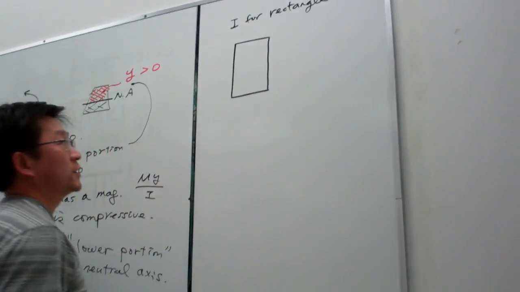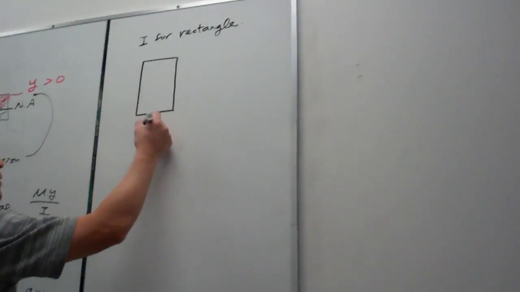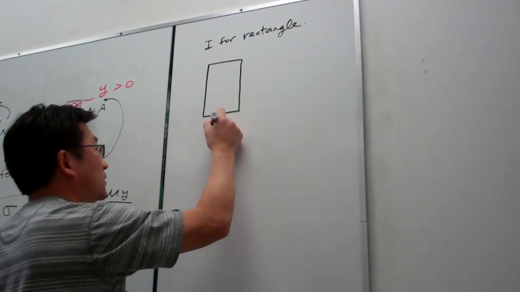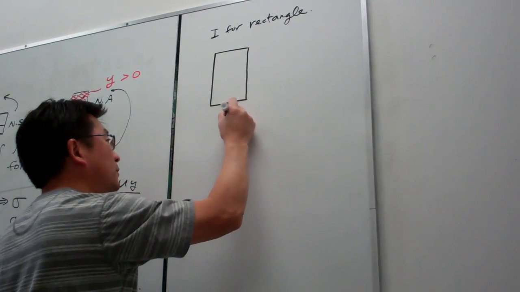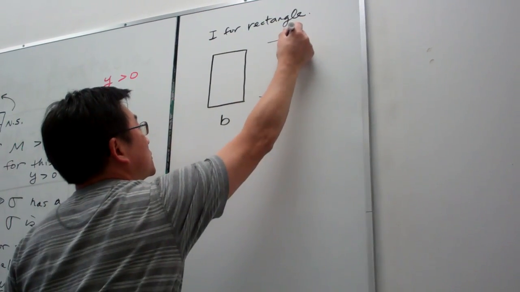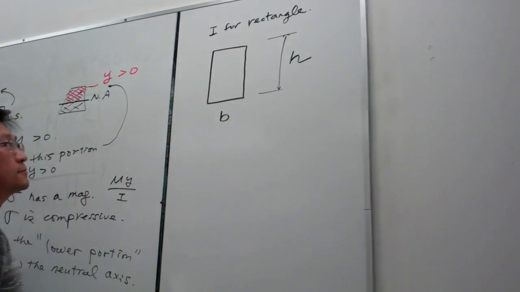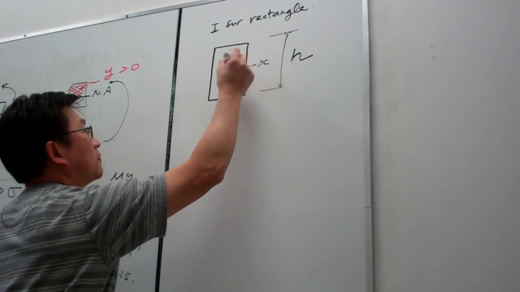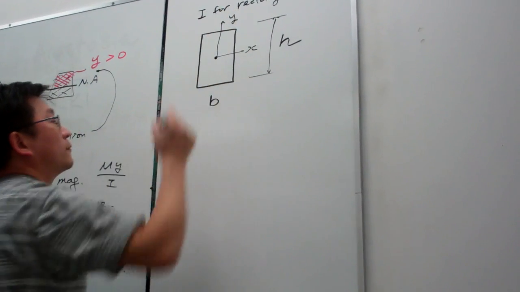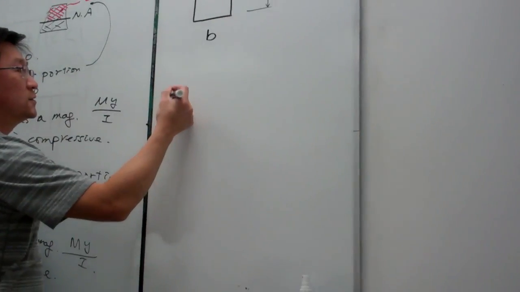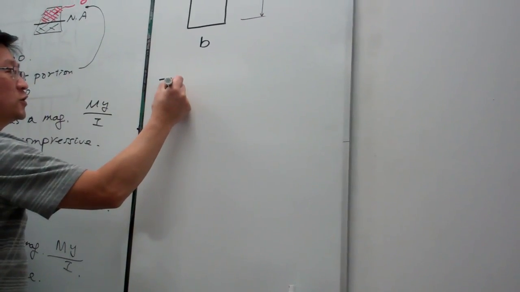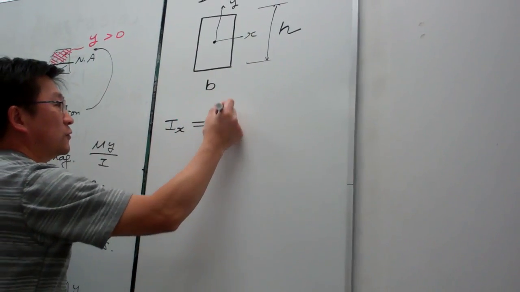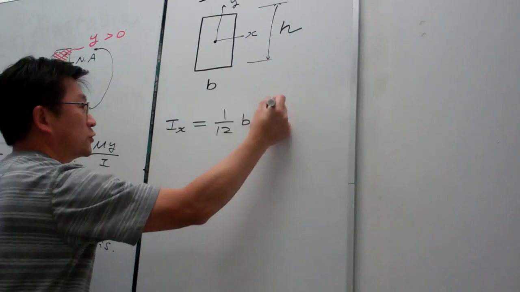For example, if we consider a rectangle, here the base is B and the height is H. For this case, the I with respect to the x-axis, which means this axis, is equal to 1/12 B H cubed.